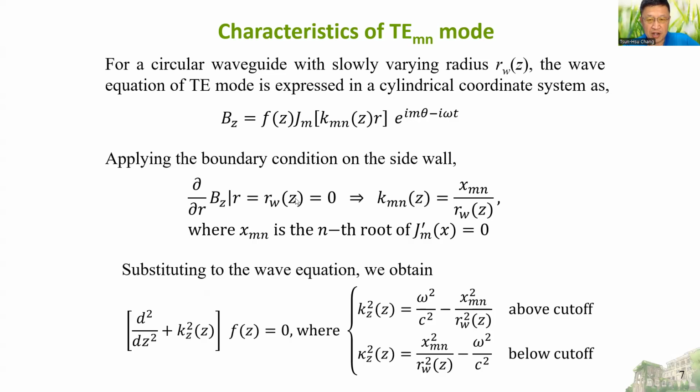This gives us, on the side wall when r equals Rw, some typo here, so we can determine the cutoff frequency. We can determine Kmn as a function of waveguide radius. Okay, here it should be lowercase, where Smn is the nth root of the Bessel function prime, the first derivative of the Bessel function of order m.